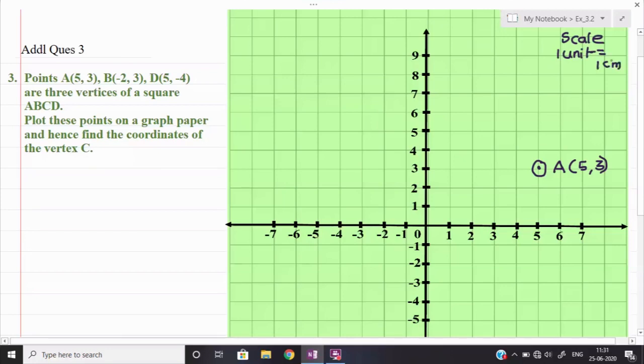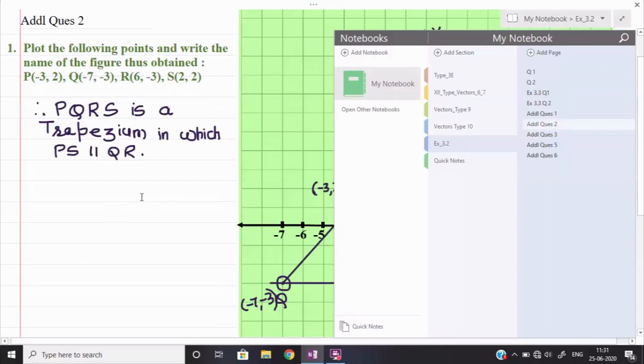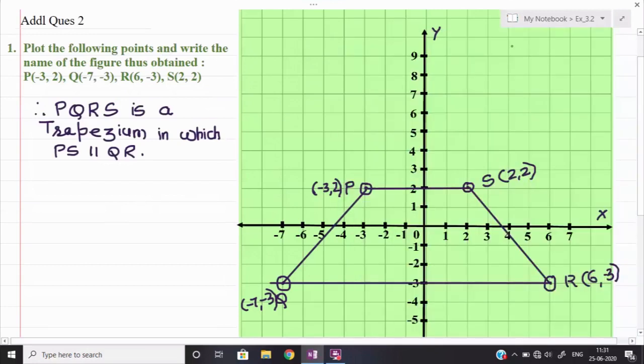For example, in the previous question also we can mark the scale first. I think in additional question 2 we forgot to write down the scale. So give the title Scale and then mark 1 unit is equal to 1 centimeter. Okay, in most cases it can be 1 unit equal to 1 centimeter.